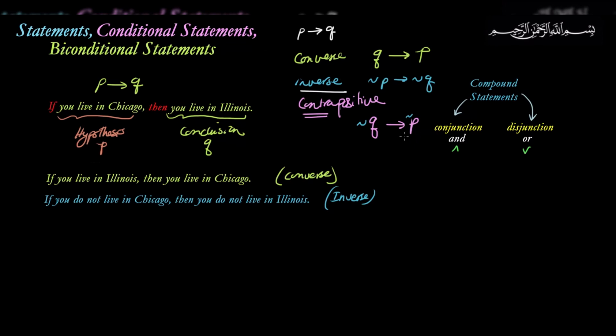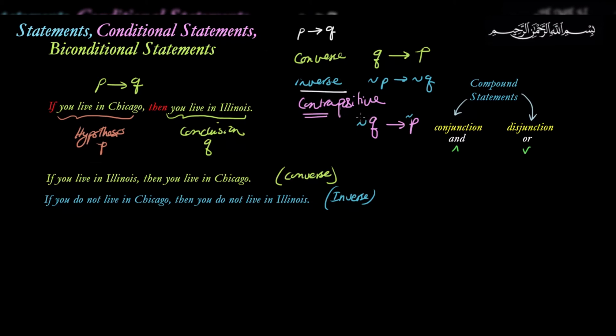So contrapositive is constructed by taking the inverse, that's the negation, of the converse. You first flip and then you negate. That's the contrapositive. It's like a two-step process, and you can try to remember it by this being the longest word. It takes the most effort to accomplish.